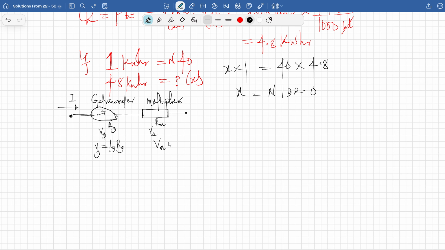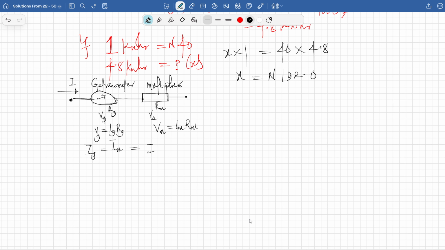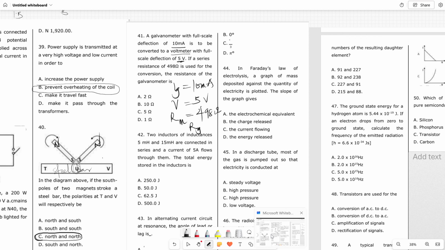While this VM is equal to the current of the multiplier multiplied with the RM. Since I said in a series connection the same current flows, it simply implies that whether it is IG equals IM, they'll be the same, equals the total I, right? But it is the voltage that will differ, so let me check if they give us the total voltage there.